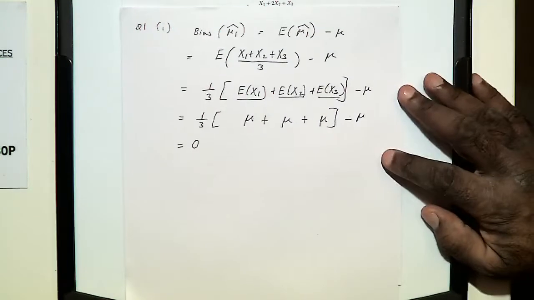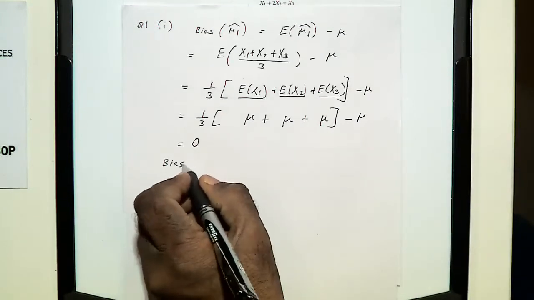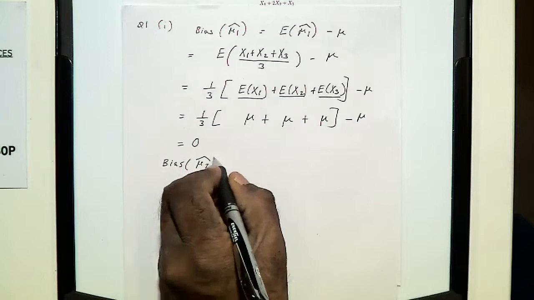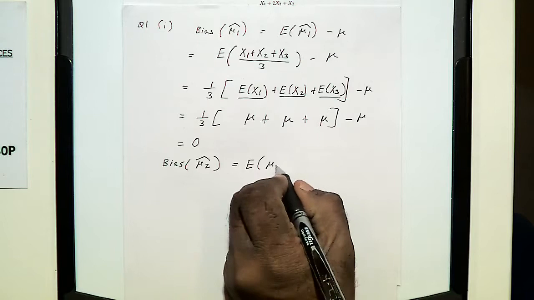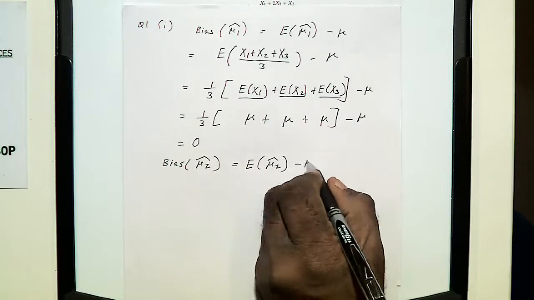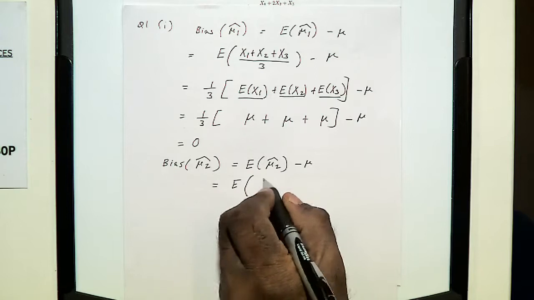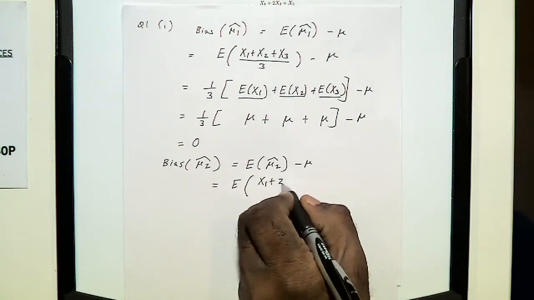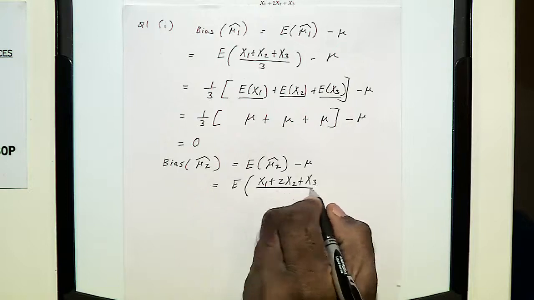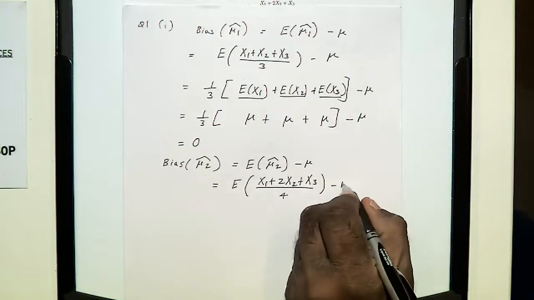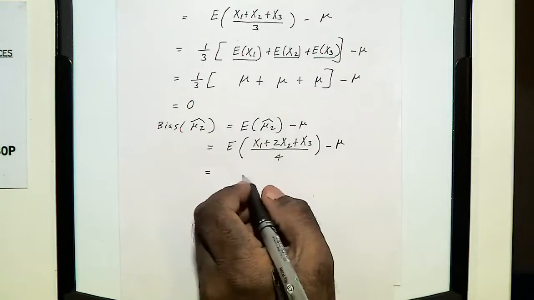So let's look at the second estimator. Once again, you should take the expectation inside.